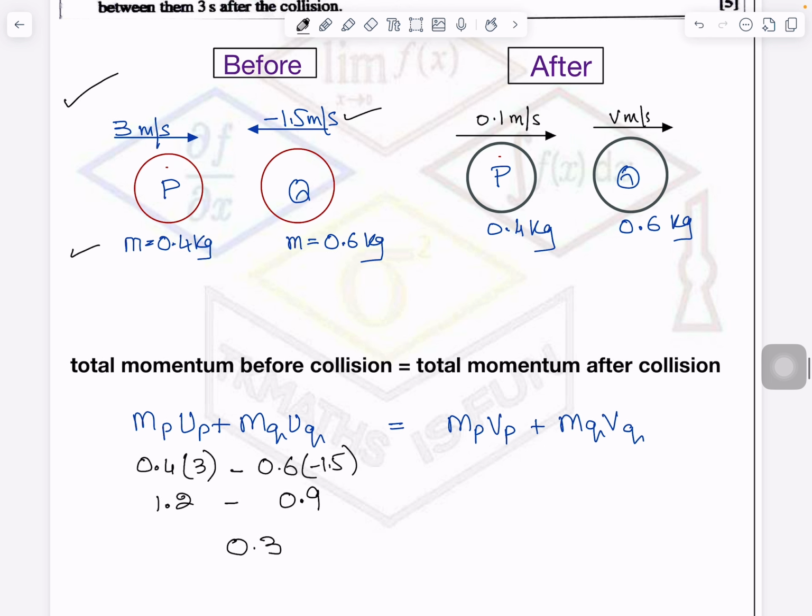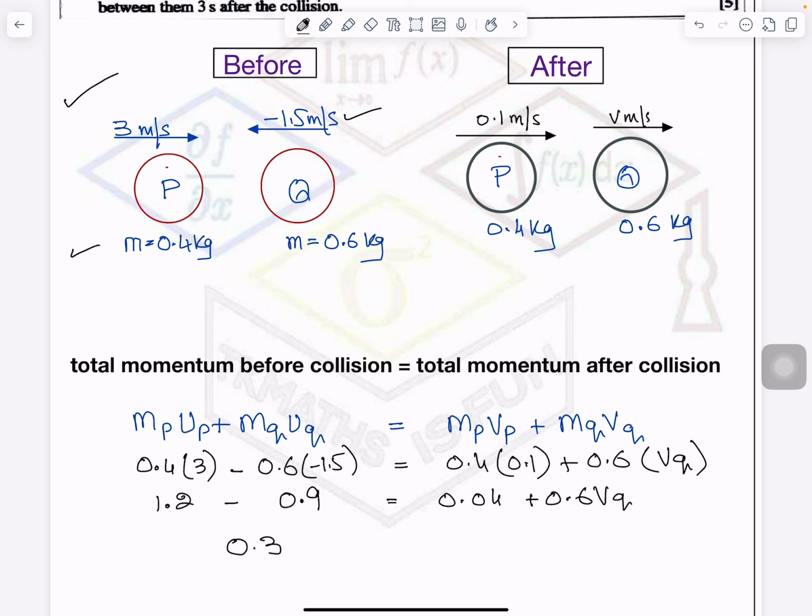So now using the law of conservation of momentum, I'm substituting the values here. It is 0.4 into 0.1 plus 0.6 into the velocity which we have to find out. So now it will be equal to 0.04 plus 0.6 into the velocity of Q. Now you can simply solve it using your calculator.